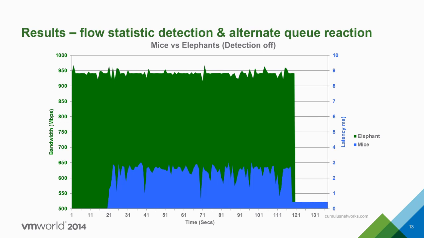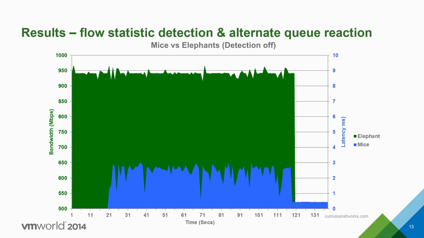So here are our results. This is before we've done anything to mitigate elephant flows. This was done using a prototype. This is not available today, just to be clear, but we prototyped this using Open vSwitch and working with our friends at Cumulus using their switches, but probably any reasonable switch would work.